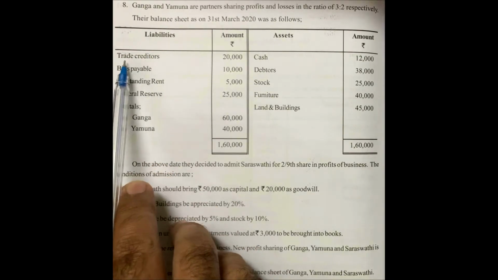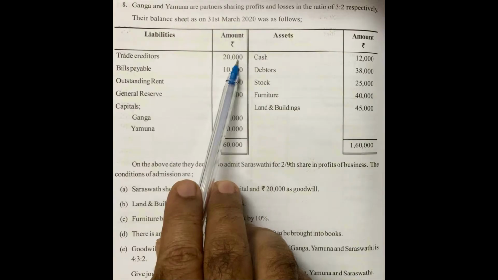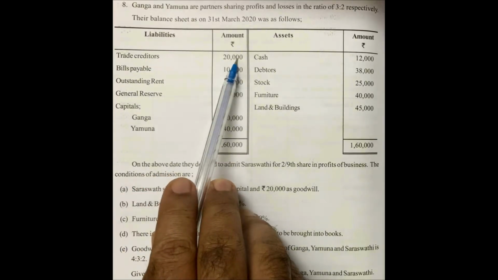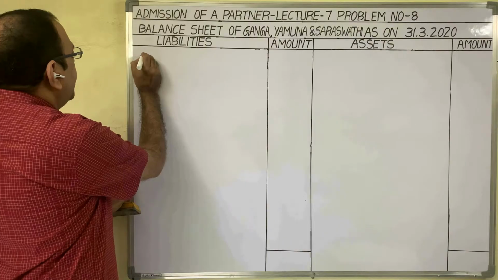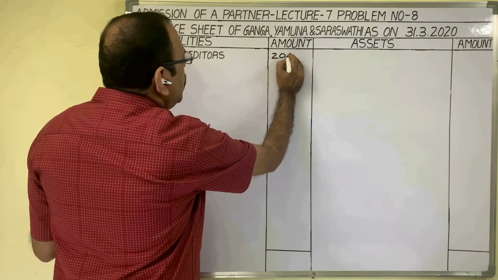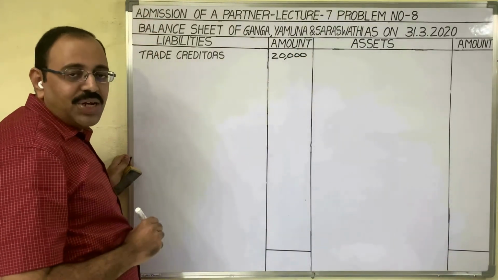See the liability side. Trade creditors 20,000 rupees. Related to creditors, there is no additional information. Therefore, the creditors amount of 20,000 we should take in the new balance sheet also. Trade creditors: as there is no adjustment, the old balance sheet value of 20,000 we have to write in the new balance sheet also.